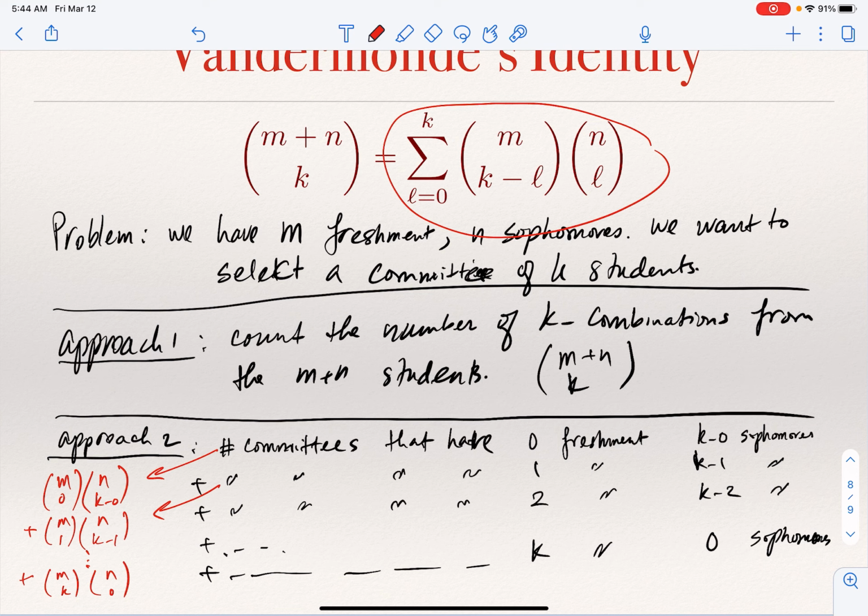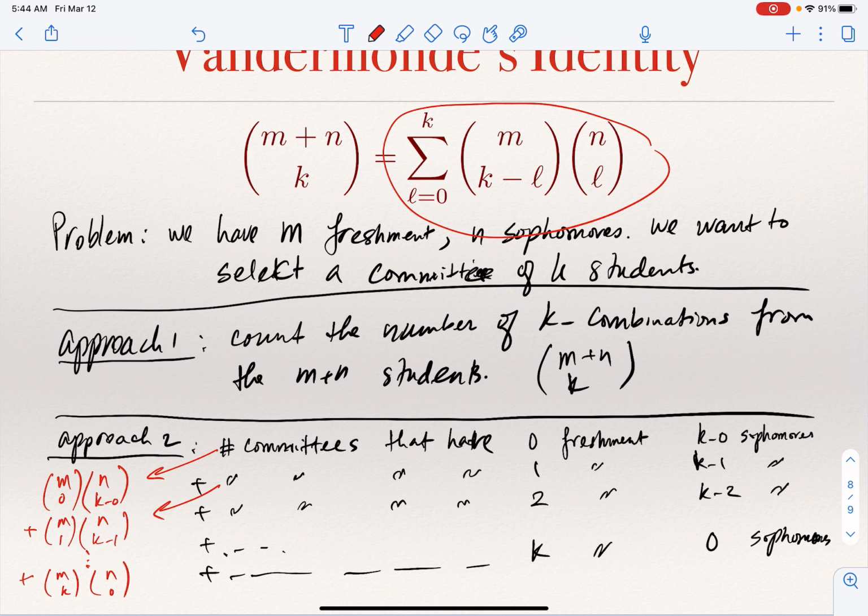So this is a very valid, very powerful proof technique. You have to be careful. You have to define the counting problem carefully. And then the two approaches you come at the problem from have to lead to the result that you are trying to prove here. Because there could be a third approach or a fourth approach that might not give me these terms that I have in the equality. This will not be helpful, okay?